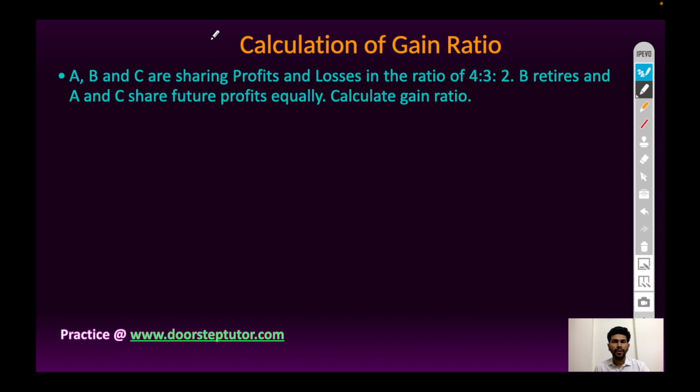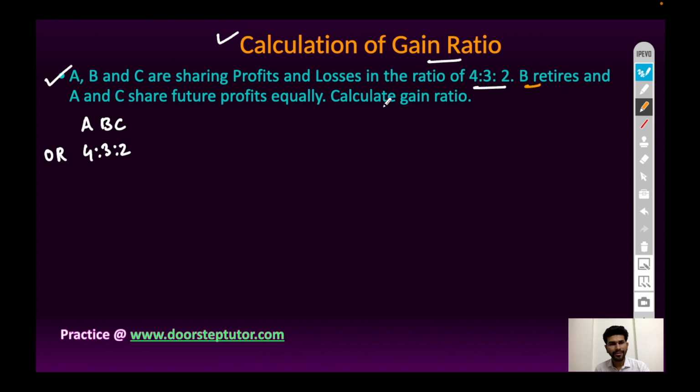Now let's start with calculation of gain ratio. A, B, and C are partners sharing profit and losses in the ratio of 4 is to 3 is to 2. A, B, C are old partners. Their old ratio is 4 is to 3 is to 2.